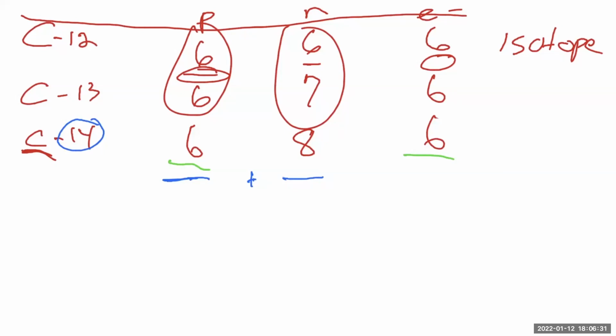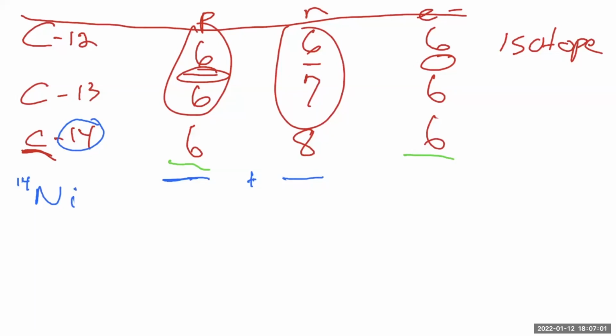Let's say I have nickel. Where's my nickel at here? It's 28. Nickel, where I can put the mass number there, or I can put a dash. But the upper left-hand corner is your mass number. So how many protons does nickel have? Look at the periodic table. Nickel's in the center.